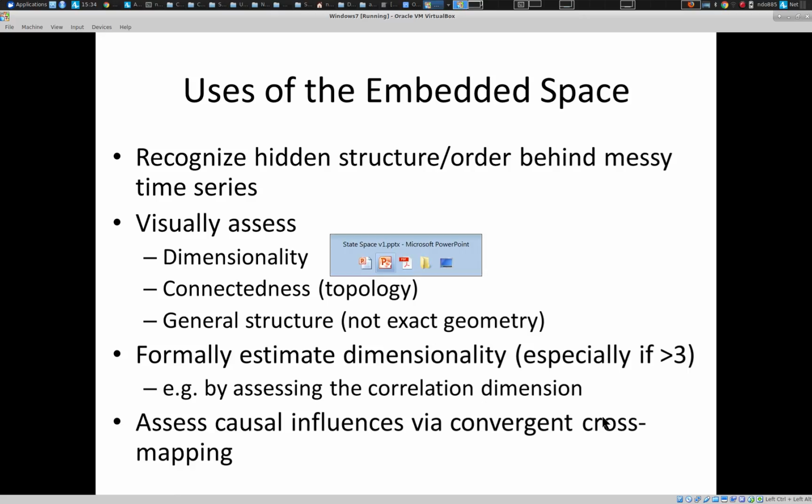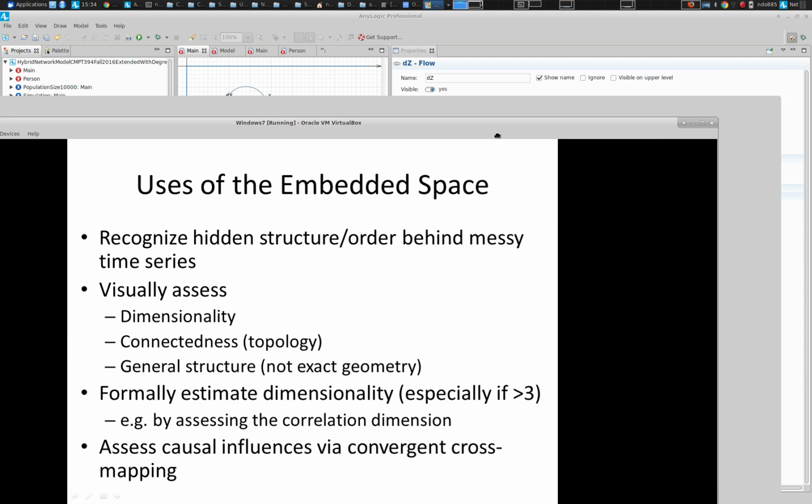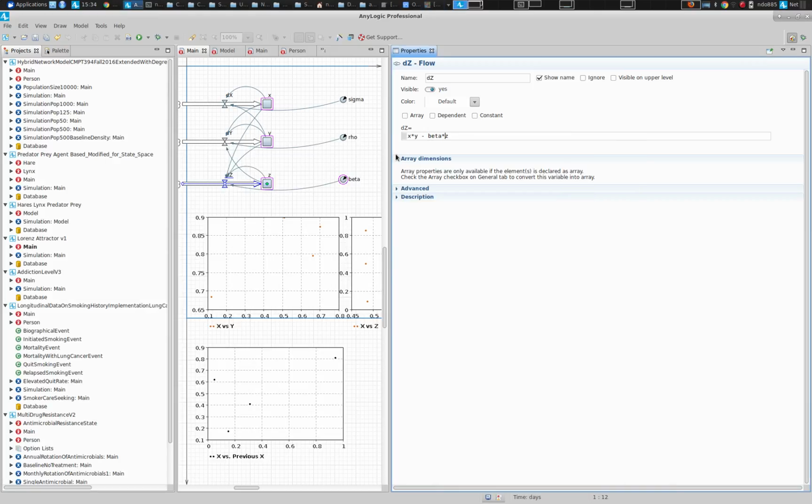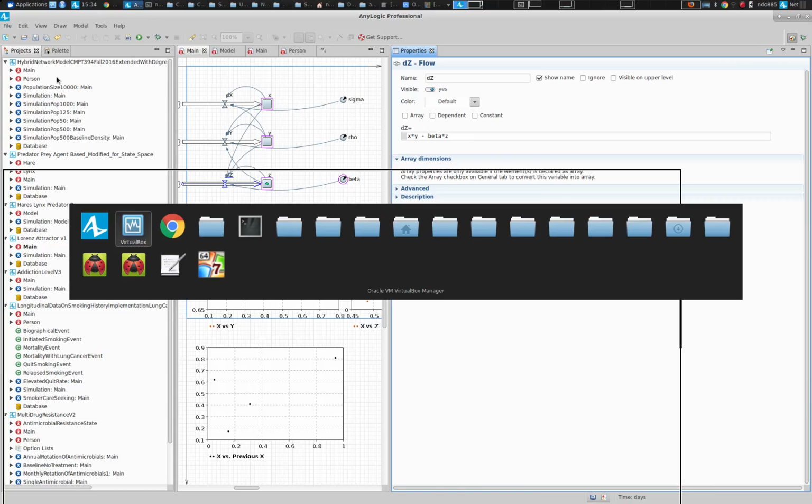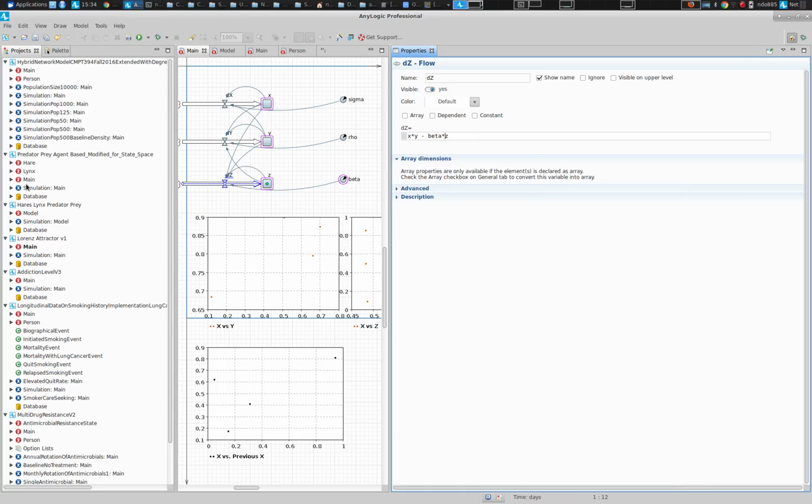And we're going to see what it looks like. So in order to get a sense of this, ladies and gentlemen, I'd like to go back to our models and take a look at some of those graphs we've been pretty much ignoring. I'd like to start with the hares-lynx predator-prey model.